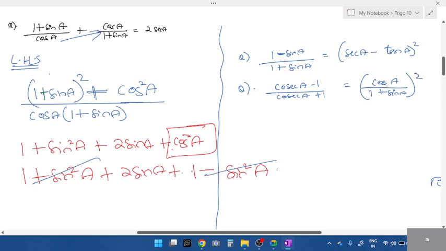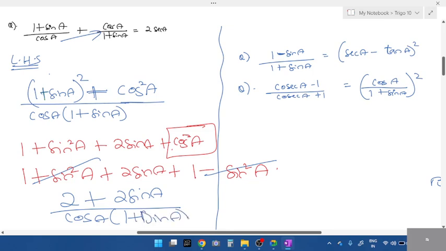Then what is left? 1 plus 1 is 2 plus not sin square, only sin A, right? Divided by cos A into that. Think, students, think. There is one more. Another 2 steps, you'll get the answer.